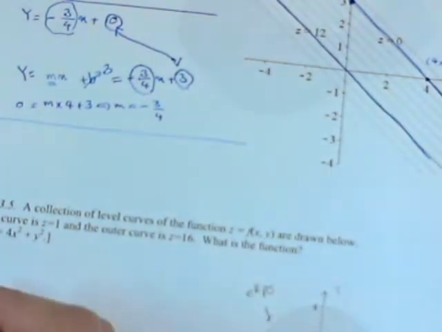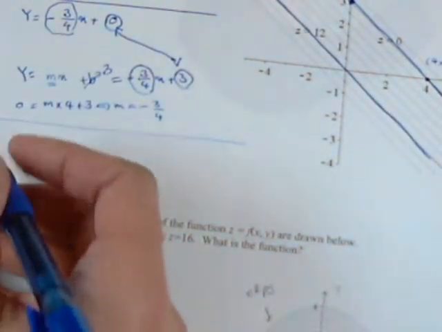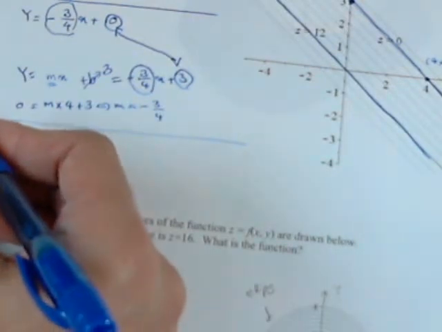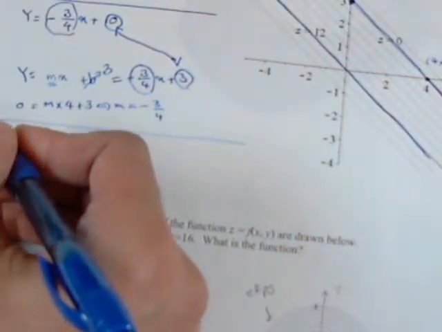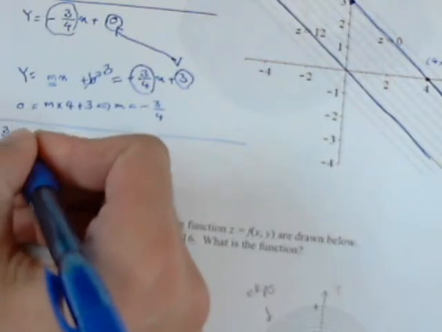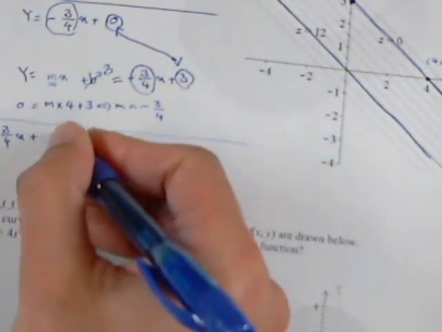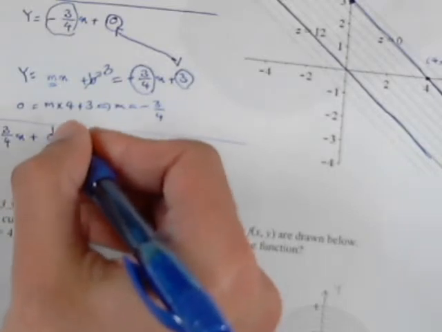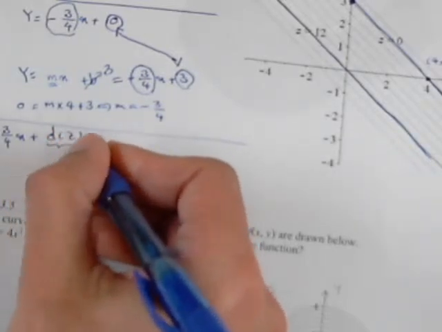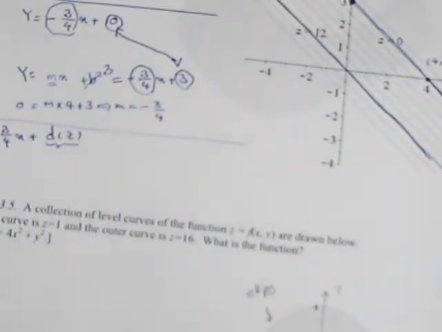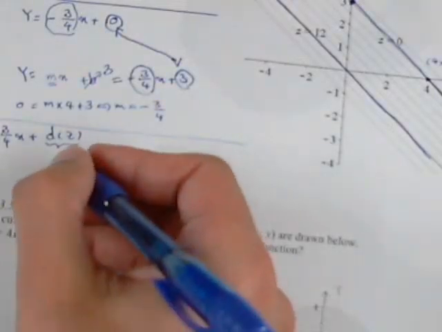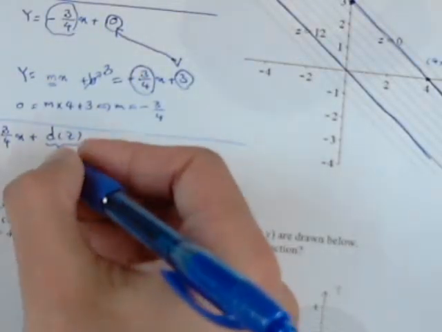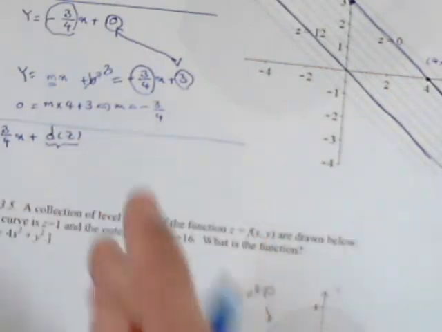So what I suggest is that generally I'm looking for an equation like this. This part, I'm just going to call it d of z. I'm claiming that it is just a linear function of z.